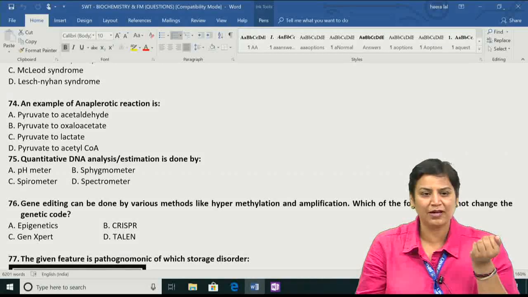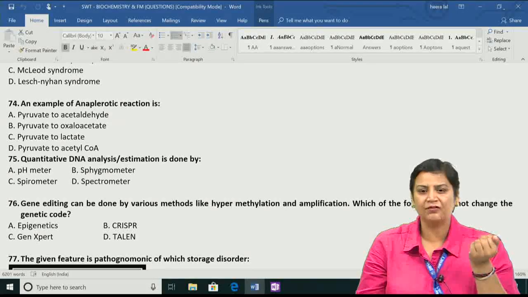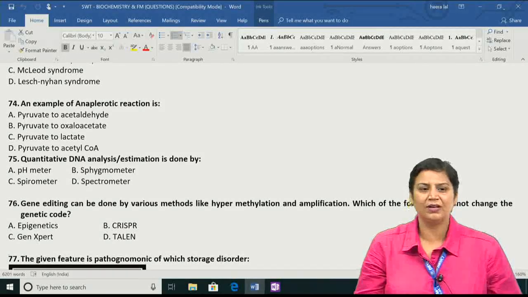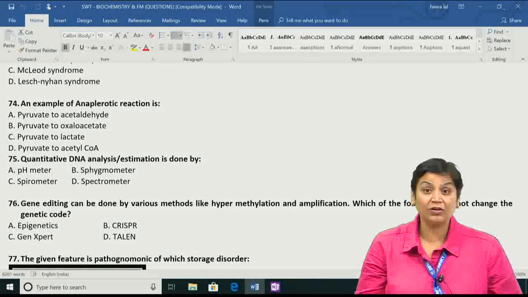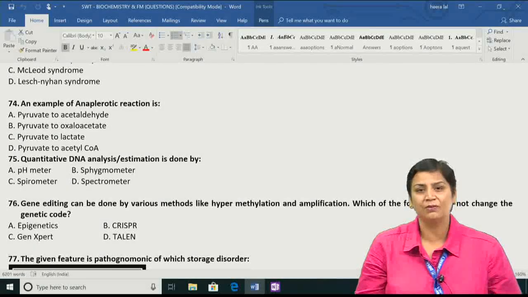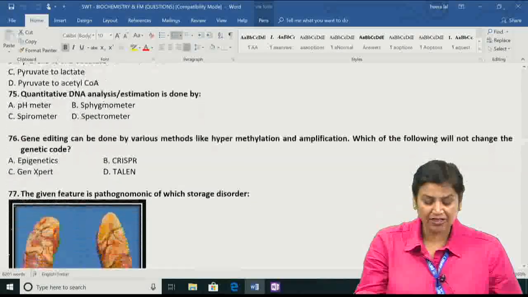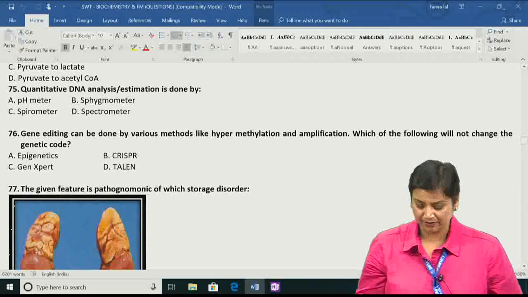Then question number 75: quantitative DNA estimation is done by. Whenever we have to estimate proteins, carbohydrates, DNA or RNA, it can be qualitative as well as quantitative. But when we talk about DNA, it is quantitative estimation, meaning how much DNA we are taking for different methods. Quantification is always done with the help of a spectrophotometer.